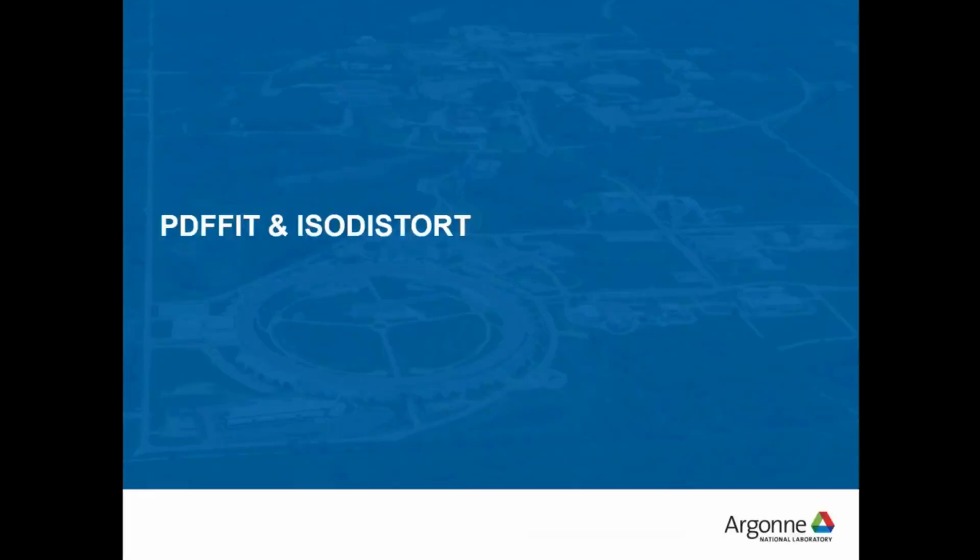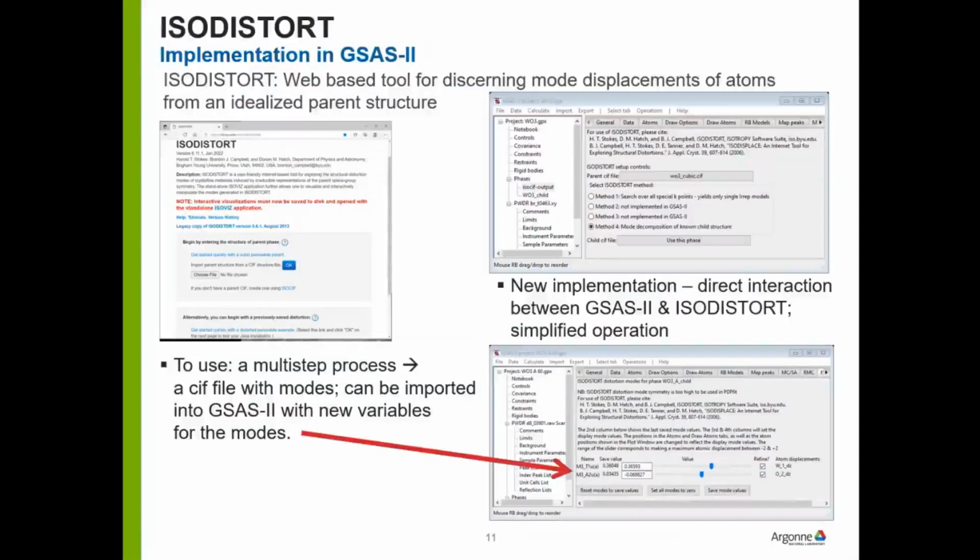Related subject, the so-called small box model. There's this routine available out on the web, written by the folks at the University of Utah, which you give a crystal structure, and it will then tell you what the mode displacements of the atoms are, according to the symmetry and how the subsymmetry occurs.